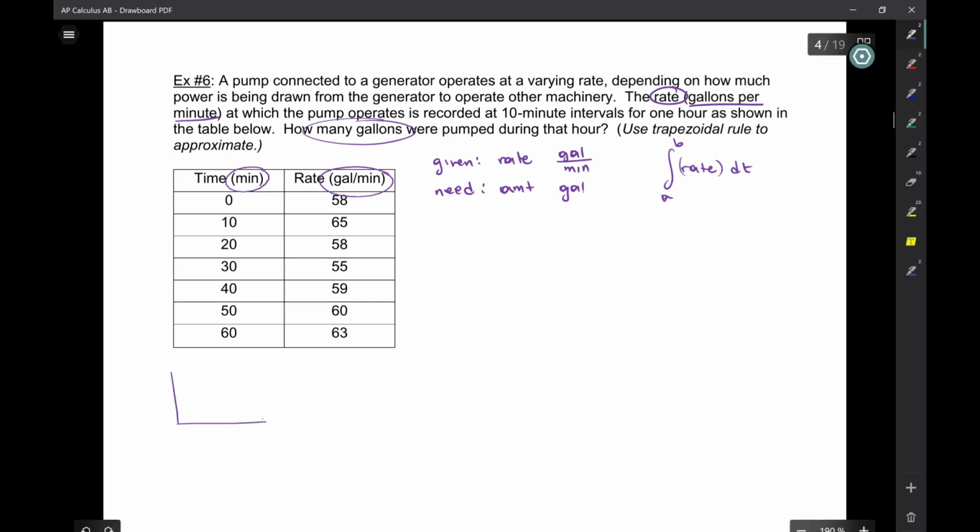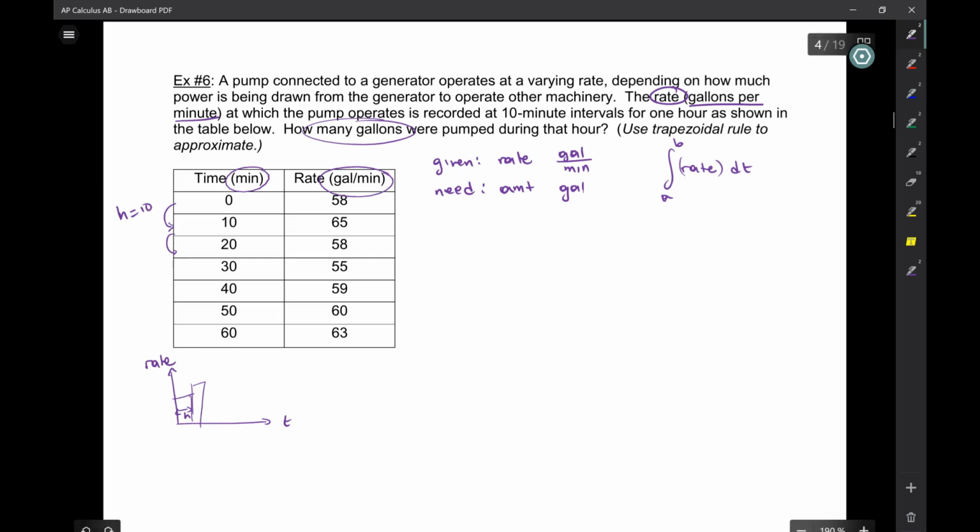So look, if this is time and rate, time is on the horizontal axis, so my trapezoids are going to be like this. That means time is the height. And height is going by tens each time.